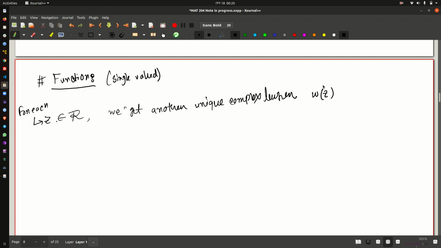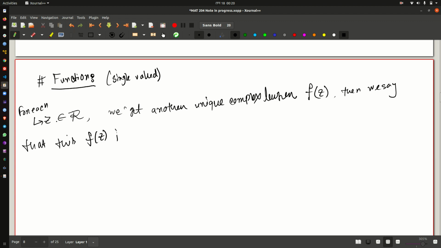Let's call it f of z so that everyone can understand. Then we say that this f of z is a function of complex variable z. So this is the definition of a function of a complex variable.